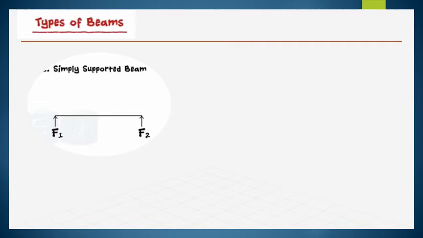If the ends of the beam simply rest on simple supports, they are called a simply supported beam. We know there is only one reaction for the simple support. So if at both ends of the beam there are simple supports, it offers two reactions for that particular beam, one at each end.